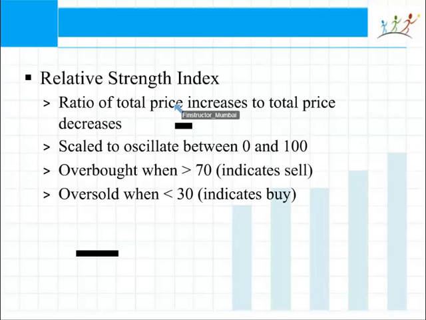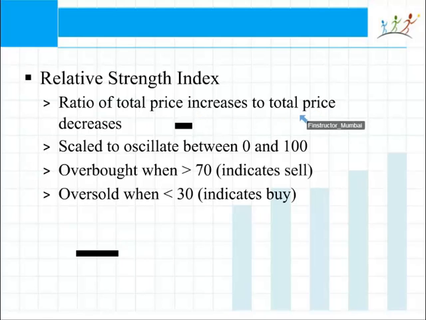He will conclude that the market is overbought and he will sell into this market if the relative strength index is greatly positive, that is greater than 70. If the relative strength index is less than 30, that means that price increases are relatively few and price decreases are high.